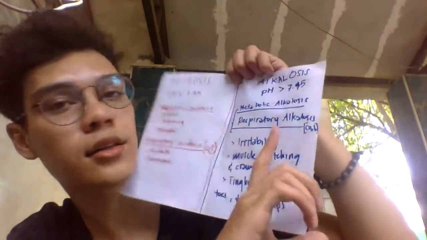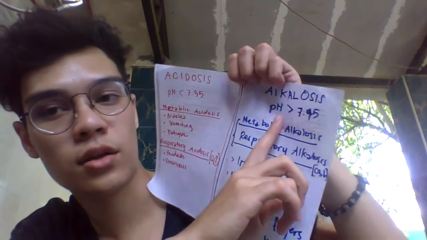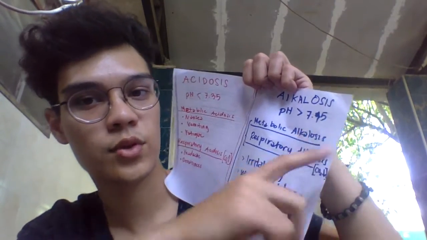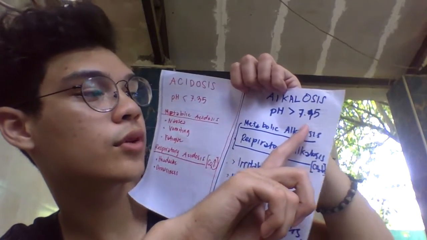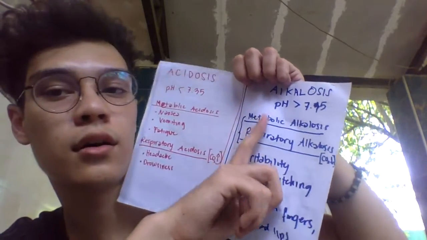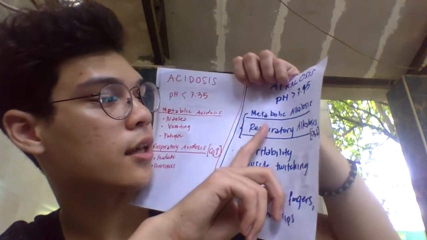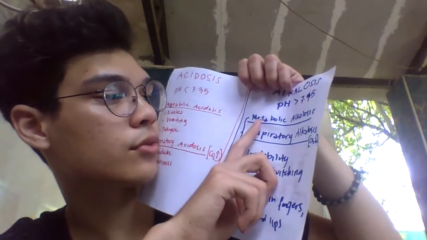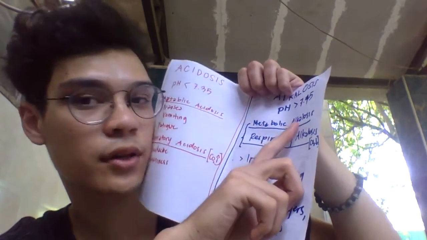And alkalosis here is different because the pH is over 7.45, since 7.35 to 7.45 is the body's normal state, basically. Metabolic alkalosis usually happens when too much acid is expelled from the body.